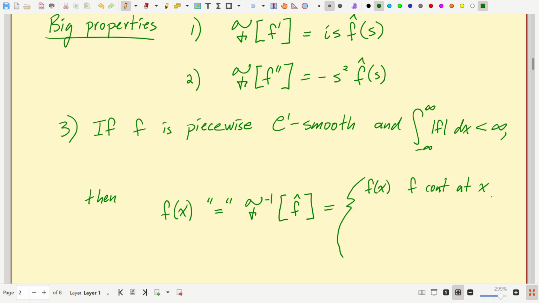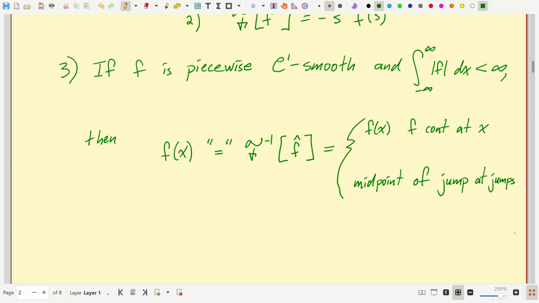But being piecewise C1 smooth means it could have jumps. And at a jump, it's equal to the midpoint of the jump. At jumps, just like the Fourier integral.